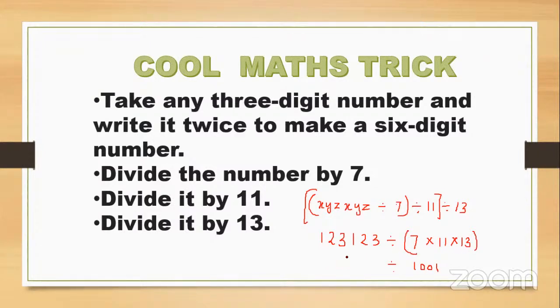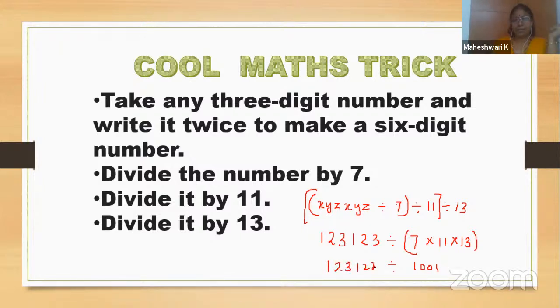Yes, 1001. So any 3-digit number that we get here, let me write it as XYZ only and explain it, because it can be any 3-digit number. This XYZ, written twice, can be written as 1000 XYZ plus XYZ. You can check it with this number.